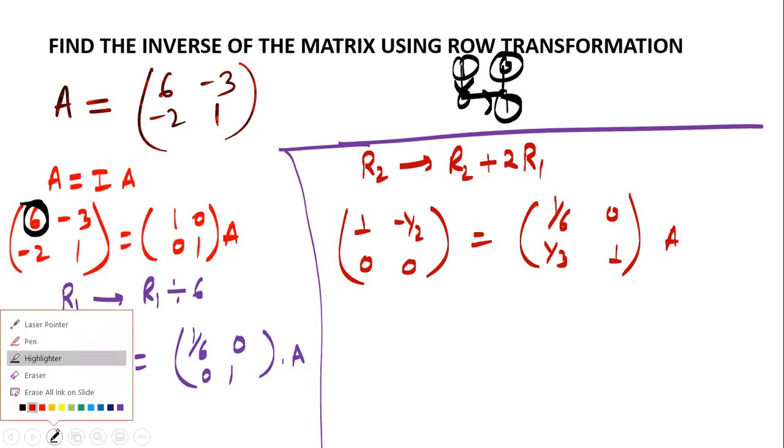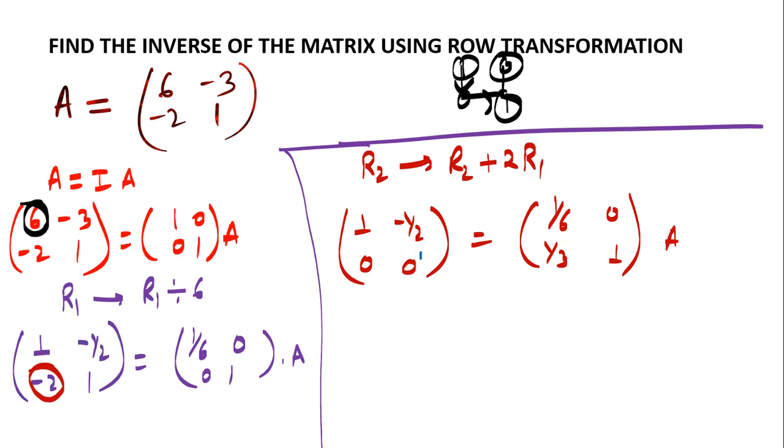What we have observed over here? We could see that the elements of R2 have become 0, all elements. Whenever we do the transformation to find out the inverse, and during the transformation we get all elements of any row 0, then we say that inverse does not exist.